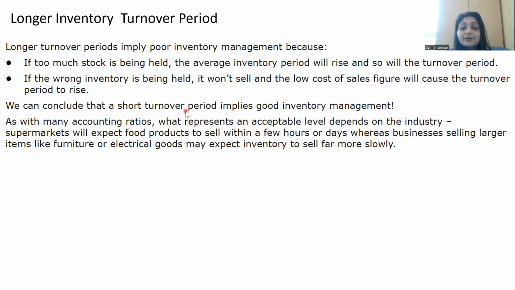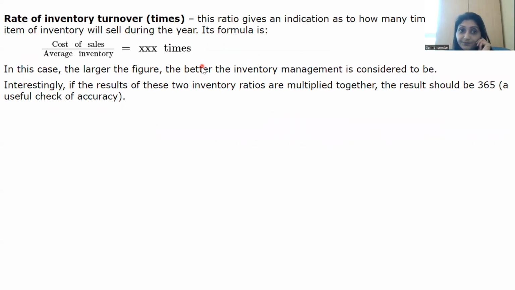A shorter inventory turnover period implies good inventory management. So a business would want to know its inventory turnover ratio or the inventory turnover period to know whether they are managing their inventory well enough or not.